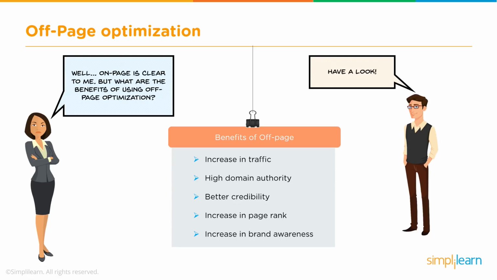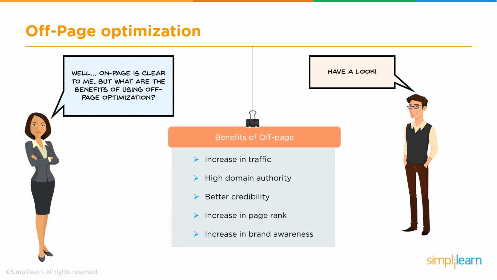So linking to a high domain authority website, for example, having a link on Wikipedia that points back to our web page creates high domain authority for us, and it helps drive traffic. So some of the other benefits of off-page SEO are credibility. So if we're linking from Wikipedia to our webpage, it does create credibility for us. It also helps us increase our page rank.